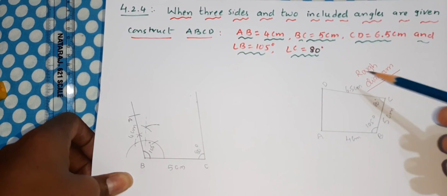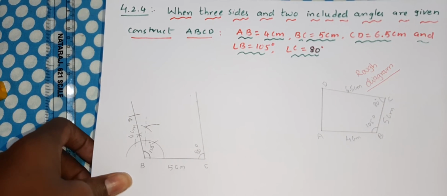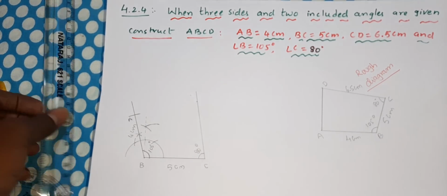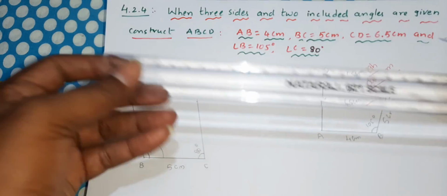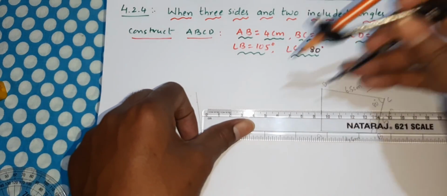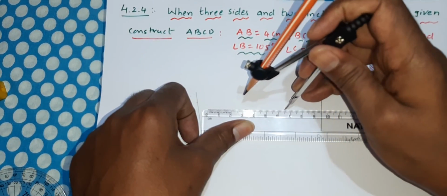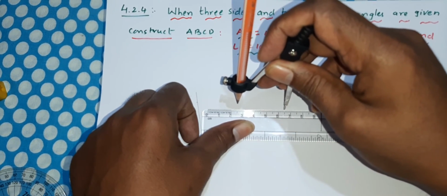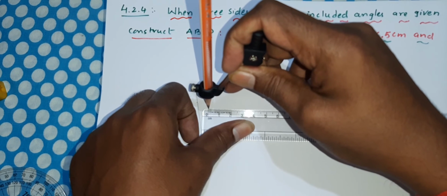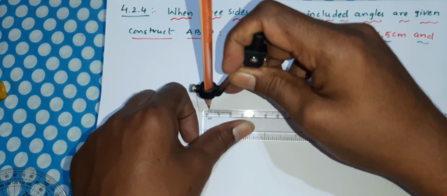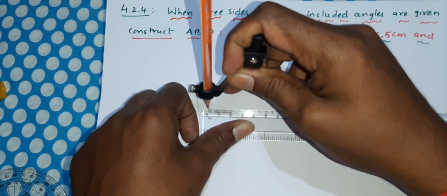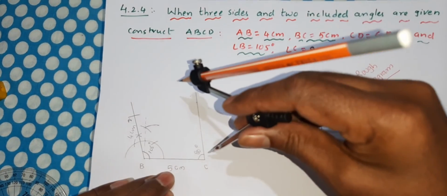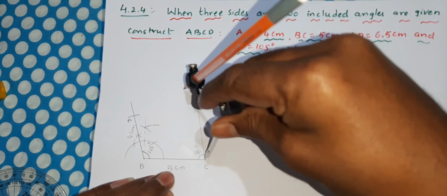Now again they have given CD is 6.5 centimeter. So 6.5 centimeter you can take on the scale and draw the arc with center C on that line. Right, take 6.5 centimeter on the scale, take center as C, draw the arc.